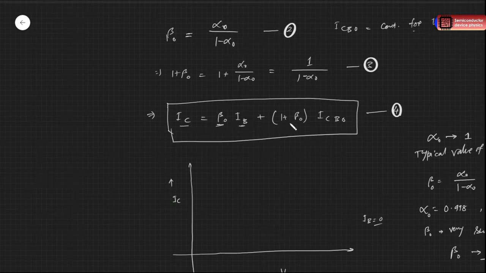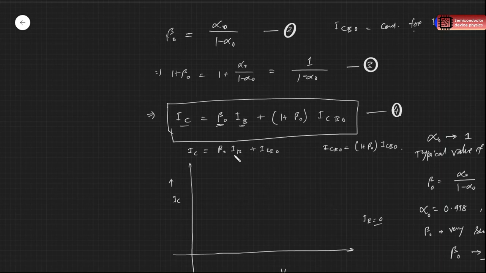So IC will be 1 plus beta 0 into ICBO, and this equation we can write as beta 0 IB plus ICEO, where this ICEO is the common emitter reverse saturation current. So this is 1 plus beta 0 into ICBO.